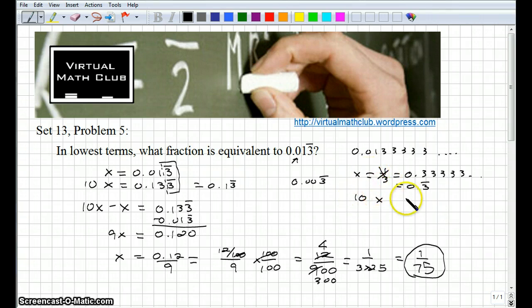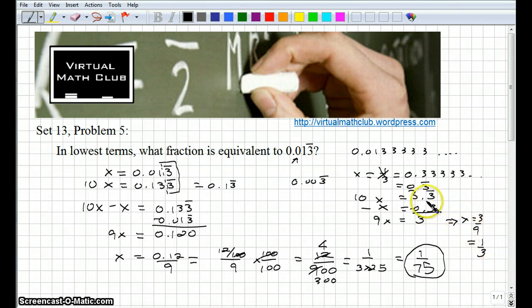If I take 10 times x, I would get 3.3 with a 3 repeating. Alright? And then if I subtract the 0.3, so this is x, I would get 3. And here I would get 10x minus x would be 9x, right? So I would get x is equal to 3 over 9, which is equal to 1 over 3, okay?